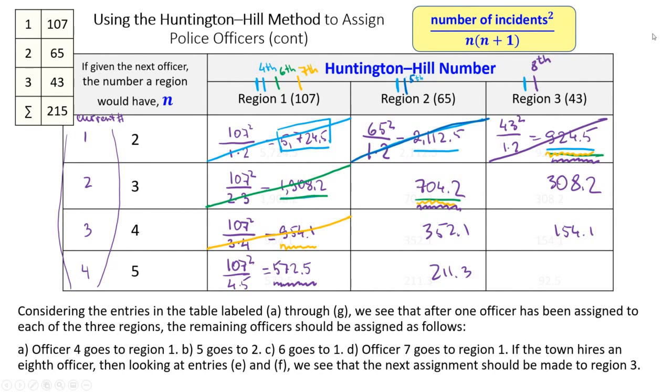If it would be the 9th, then we look at the numbers that are left in the table. The greatest in each column are 500, 700, and 300. Then the 9th officer will be assigned to region 2, and so on. If we use the last number in the 4th line, 572, we will possibly use it for the 10th officer. Then we will need to add another line to this table, and so on.